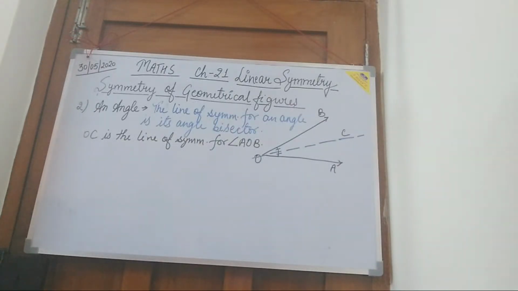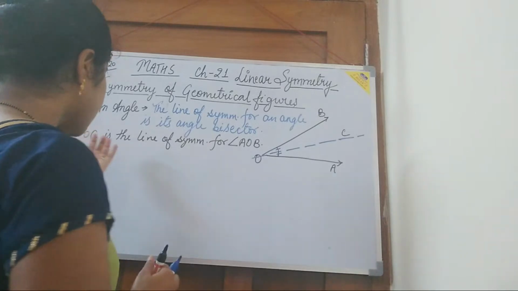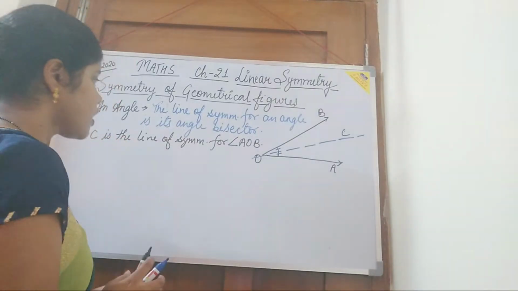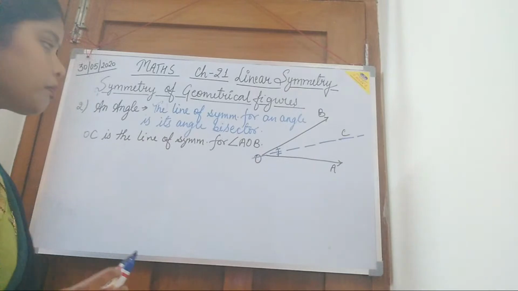So the line of symmetry for an angle is its angle bisector. OC is the line of symmetry for angle AOB.